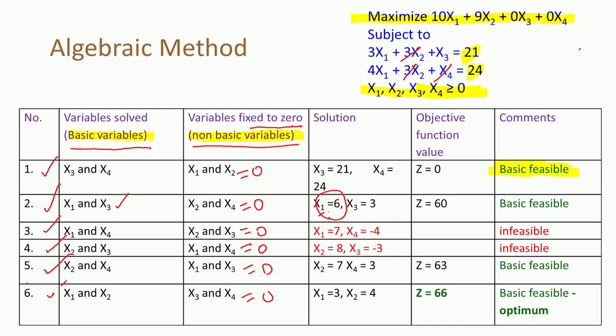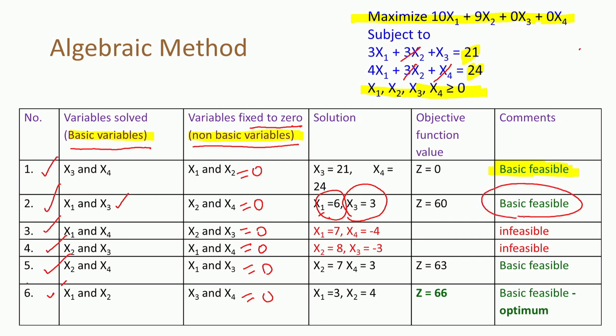And once I substitute x1 equal to 6, 3x1 is 18, therefore x3 is equal to 3. So this basic solution, where we are solving for two variables x1 and x3, fixing the remaining variables to 0, gives us x1 equal to 6 and x3 equal to 3.